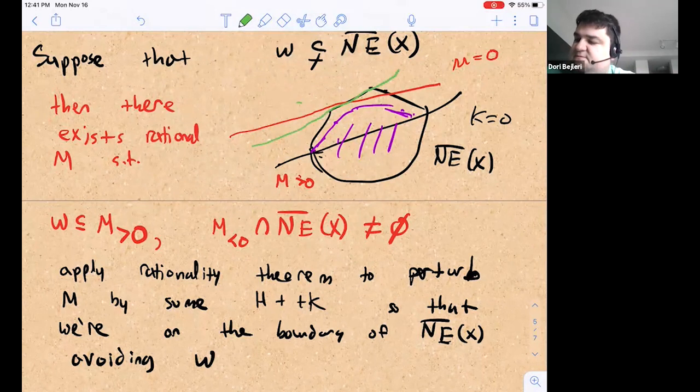And now we cut out some face of NE bar, but we're just completely away from the purple piece.